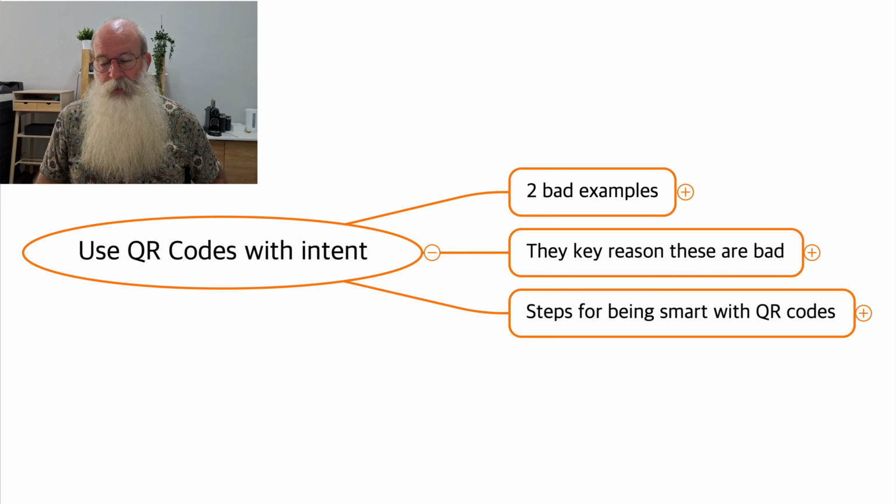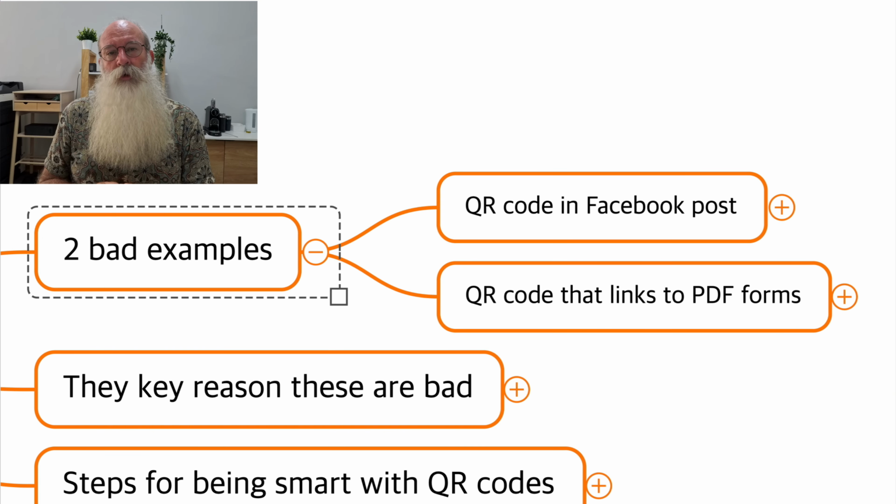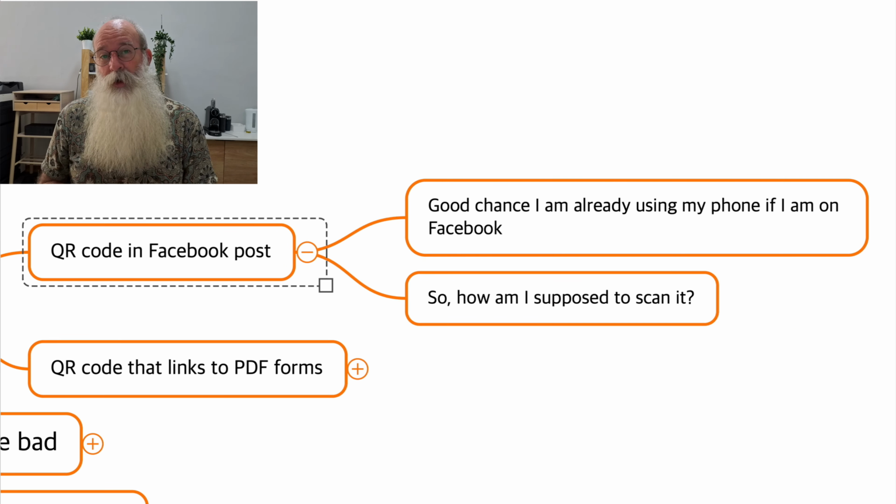So we're going to start off by looking at two bad examples. The first one was using a QR code in a Facebook post. I don't actually know what the current stats are, but I believe somewhere around 90% of Facebook use is on a phone.